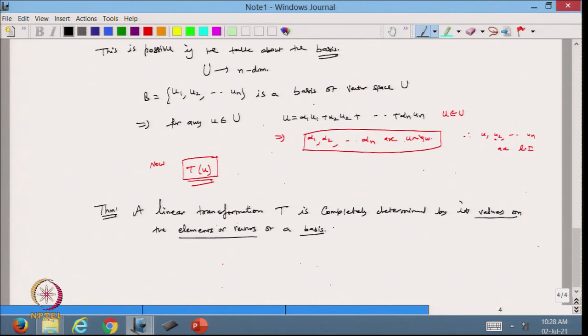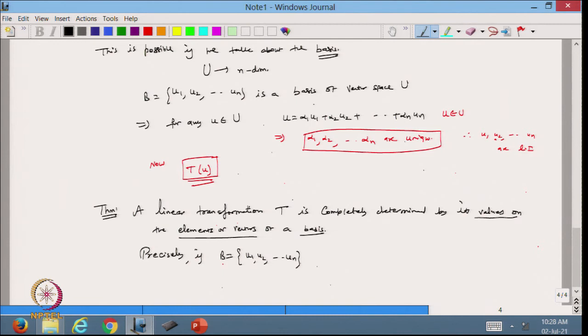So, the basis of u. How will you define that? I can write that precisely. Suppose B is a set of vectors u1, u2, up to un.